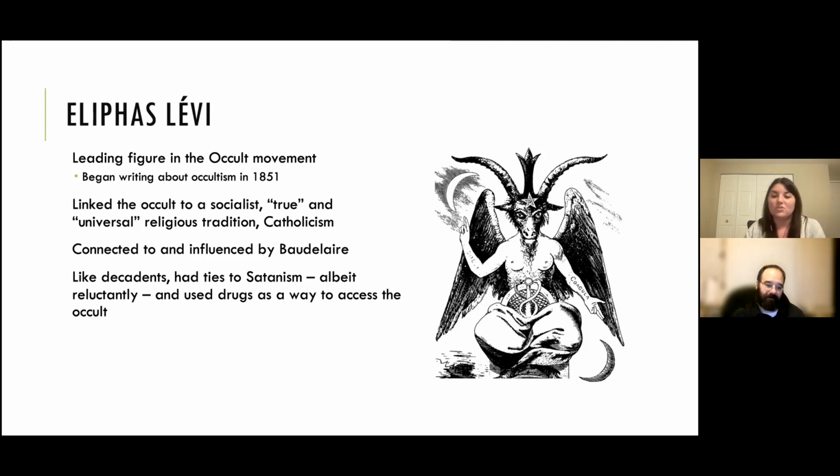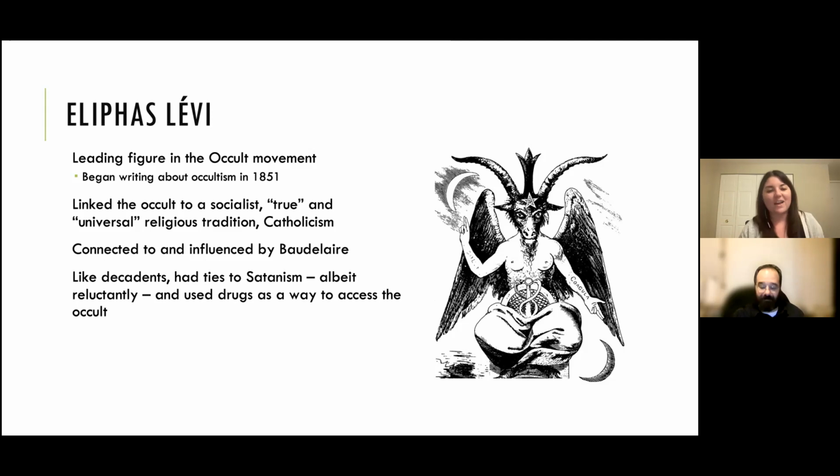But his infamous drawing of the Baphomet, which is pictured here, which was published in 1854, so just a few years before Morel and Baudelaire's work, depicts this androgynous, horned, goat-like demonic creature, and as we all know, has since become a favored symbol of Satanists. So as much as he tried to distance himself from the Satanists, it didn't really work.